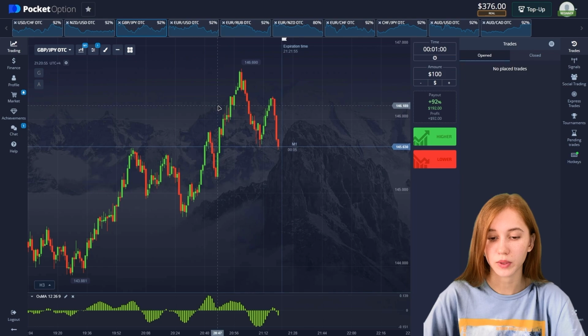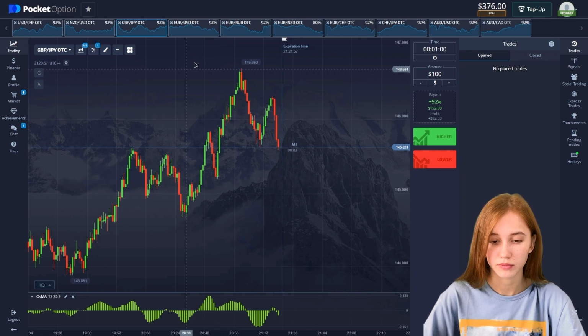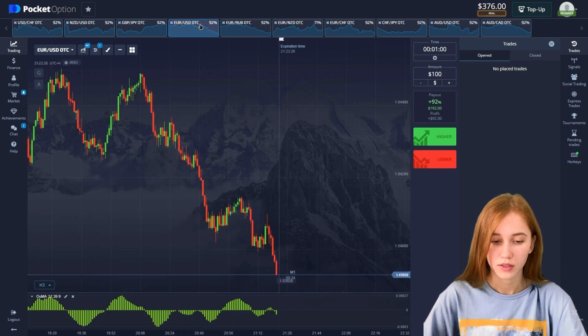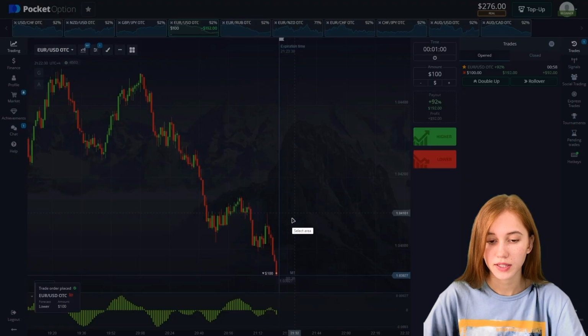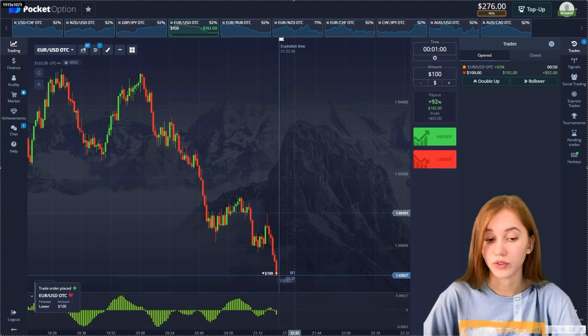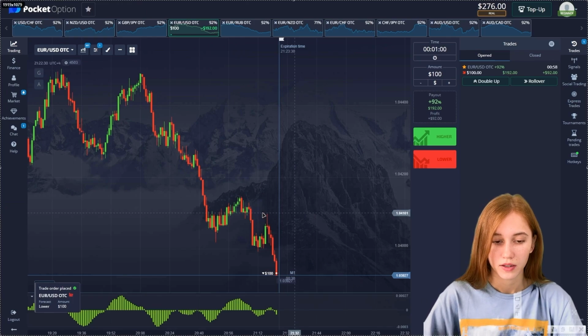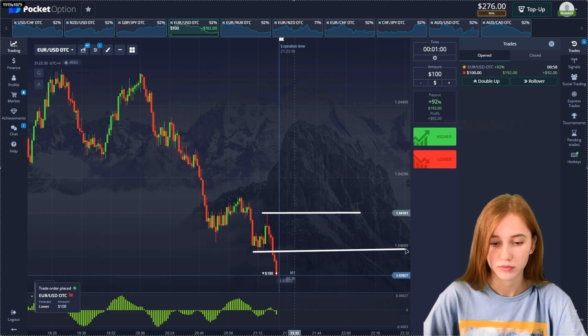And here we're with the next pair. Let's start, up and down. We see a resistance area and a support area. We see the trend is going down, and that's why we opened down.